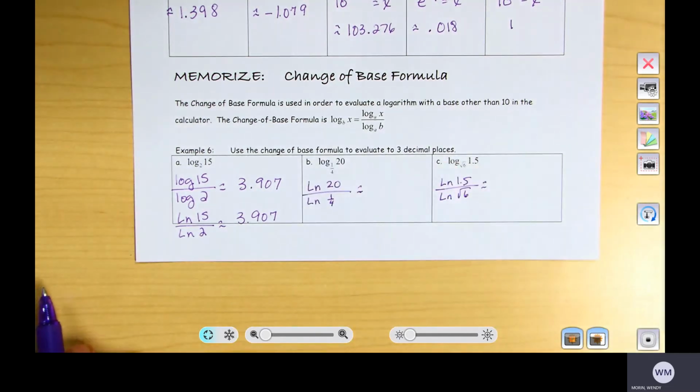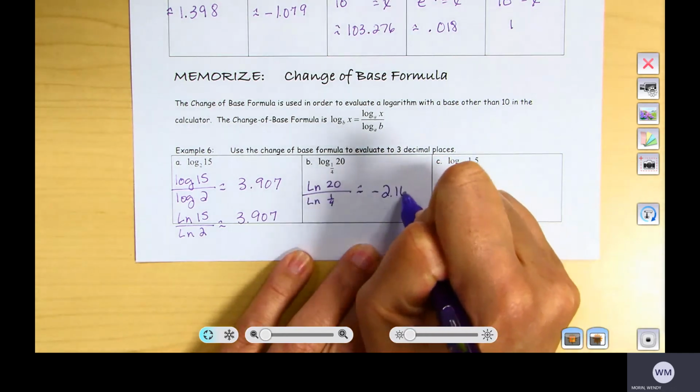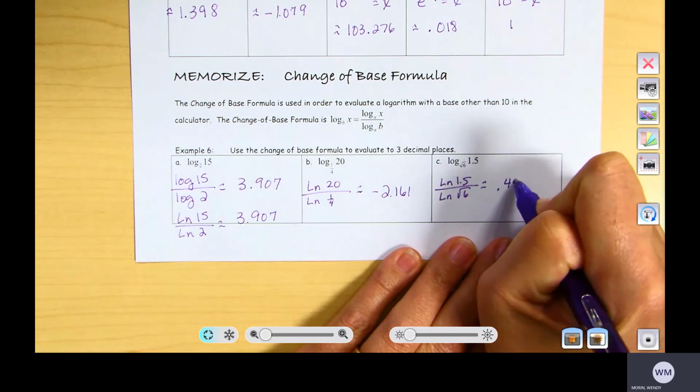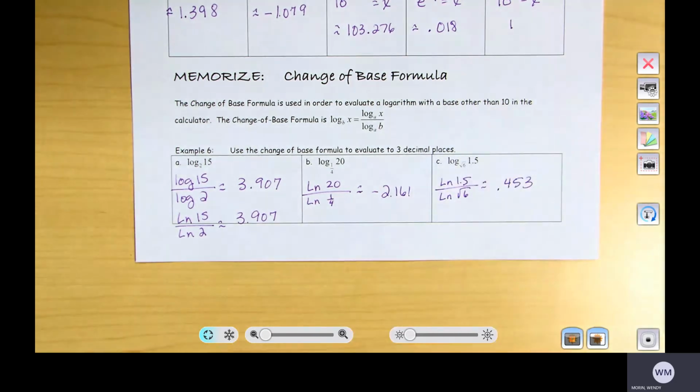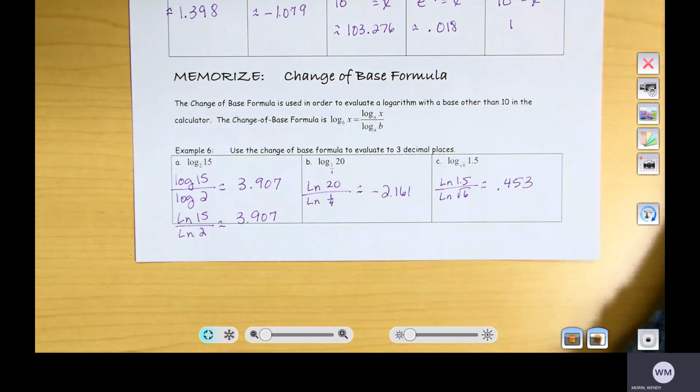That's your work. Then you can type it into your calculator and get a negative 2.161453. So you can go ahead and practice typing those into your calculator and see if you can come up with those decimals. Okay, so again, make sure you show your work so you can get full credit. And that is the end of 3.2.